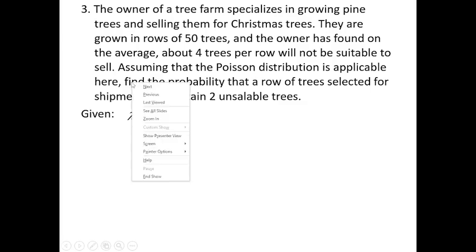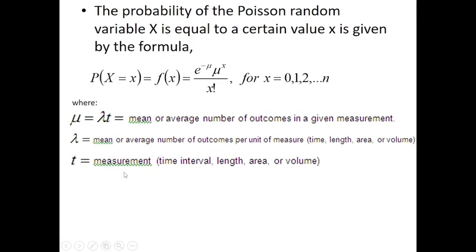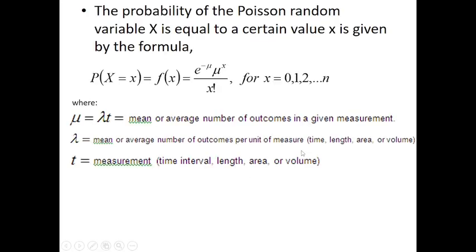So let's go back to our previous slide to better understand this. So when we talk about T, that pertains to measurement. It could be time interval, it could be length, it could be area, or it could be volume, or anything that has something to do with measurement.